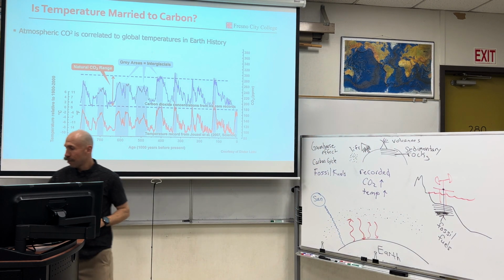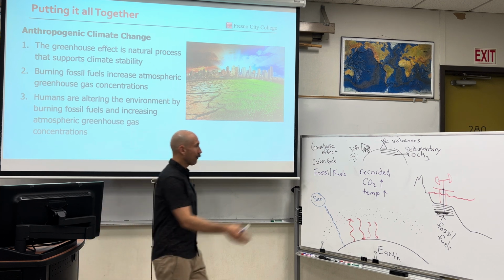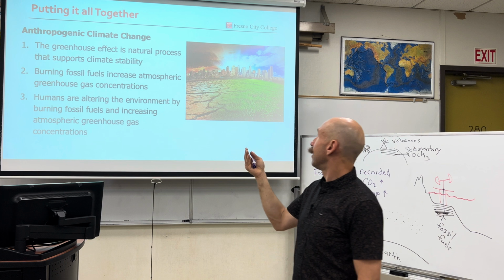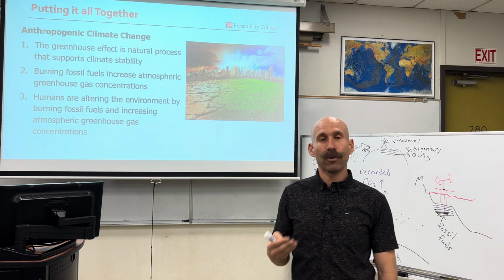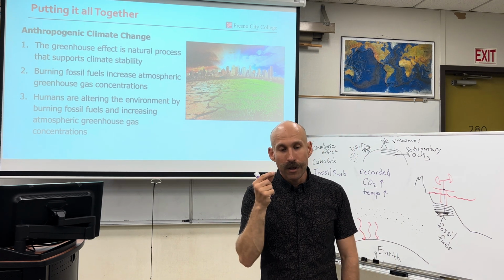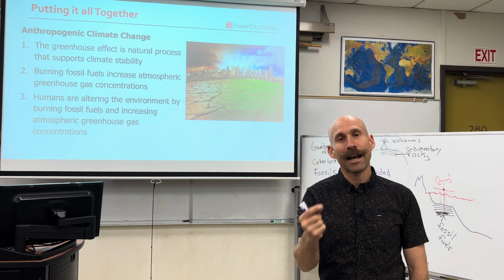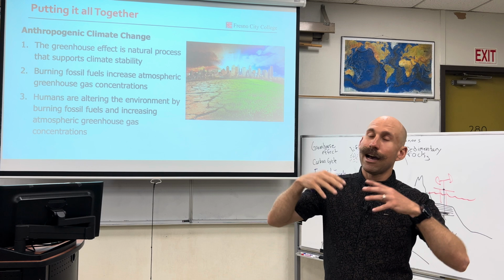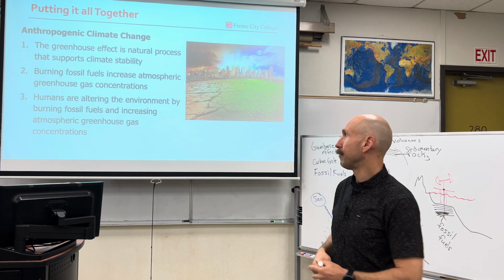So let's put this all together. In summary, the greenhouse effect is a natural process that supports climate stability, and the carbon cycle is a natural biogeochemical cycle that highlights the movement of Earth's carbon.